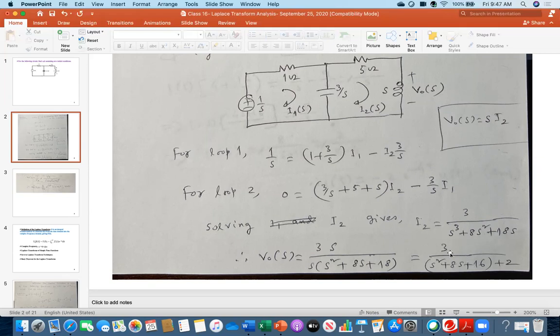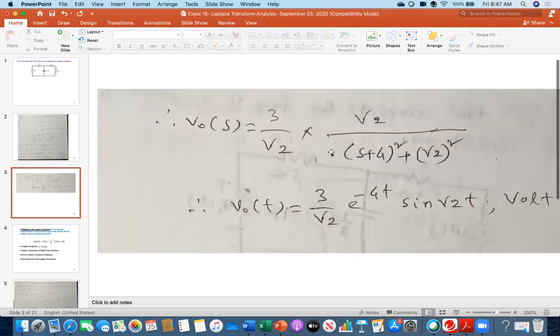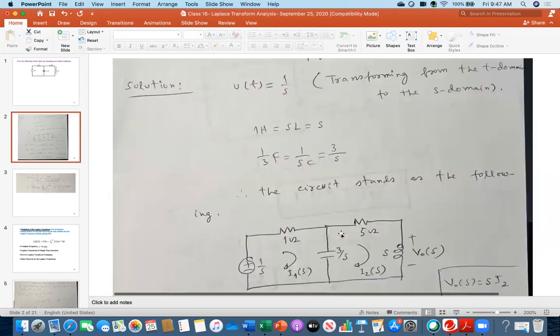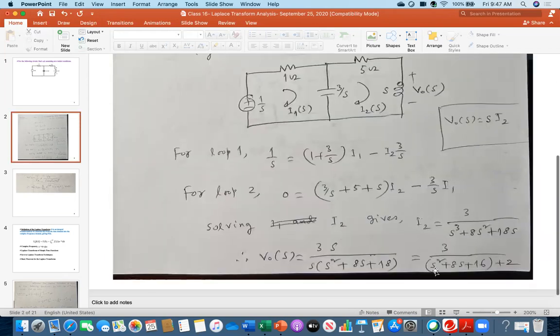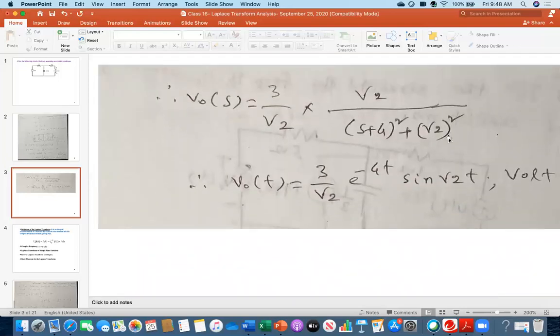So after this one, follow what I am doing. Look at this one. Because there was 2 there, in the denominator, for this one I wrote S plus 4 squared, and then for this one I wrote root 2 squared. So therefore, look, denominator, this one. And then I want to write the root 2 here, therefore I am taking another root 2.